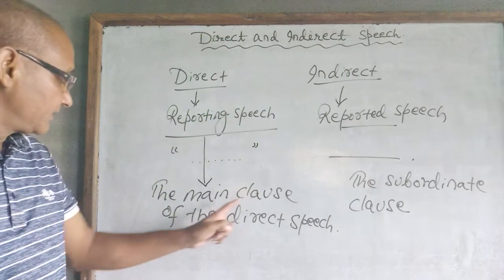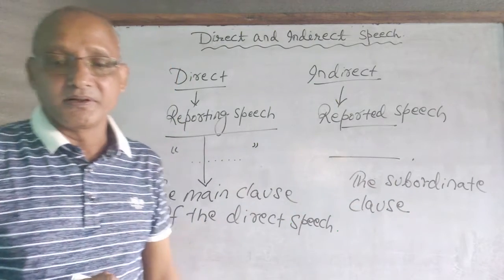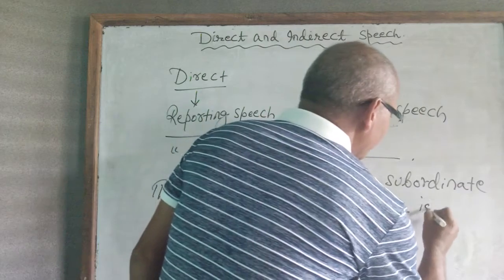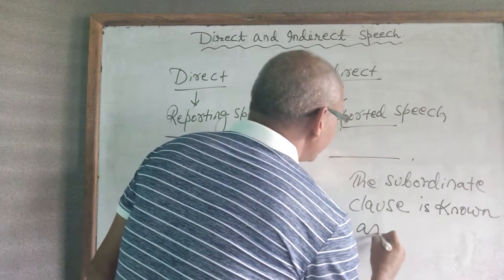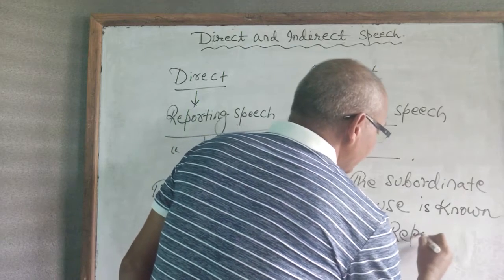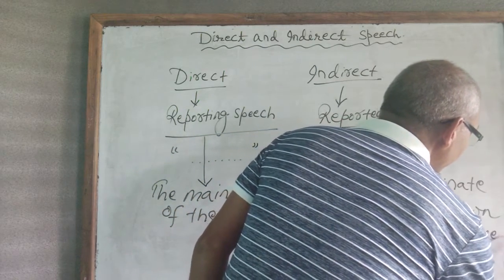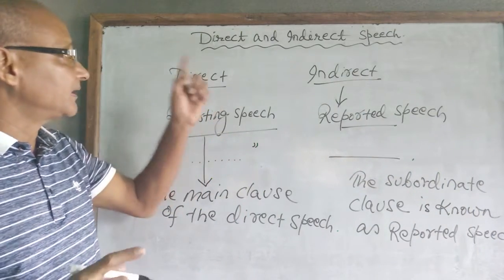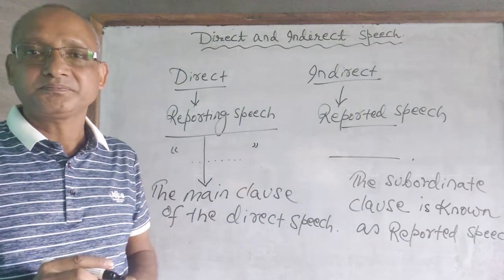Here it is the main clause and here it is the subordinate clause. The subordinate clause is known as reported speech. This is the major difference between the direct and the indirect speech.